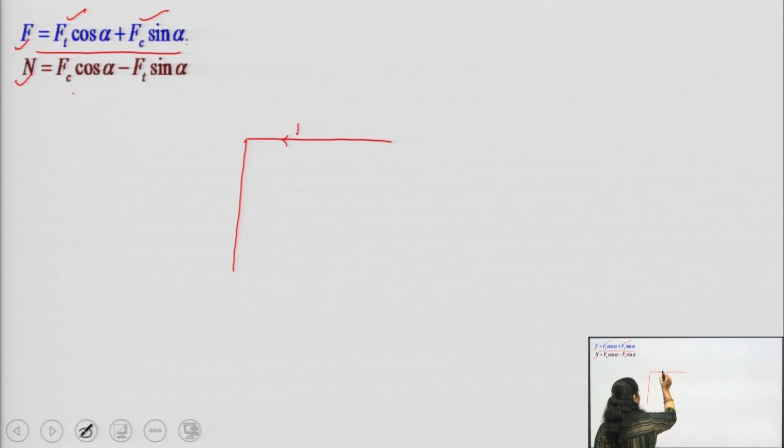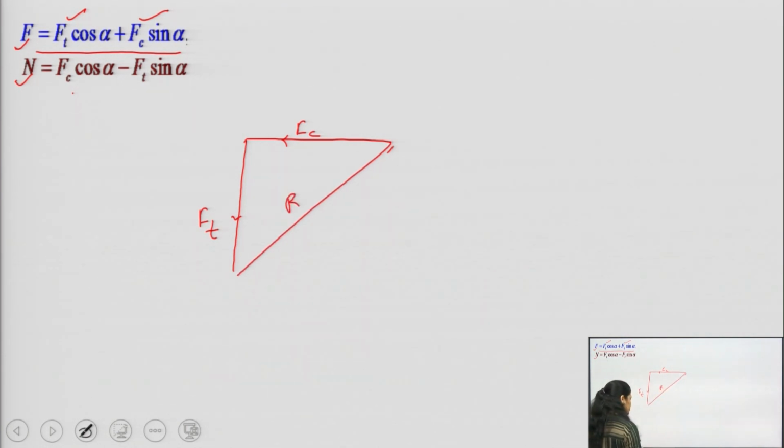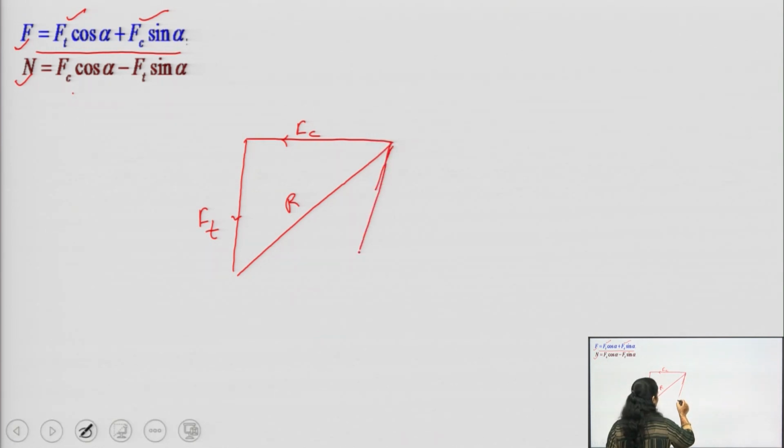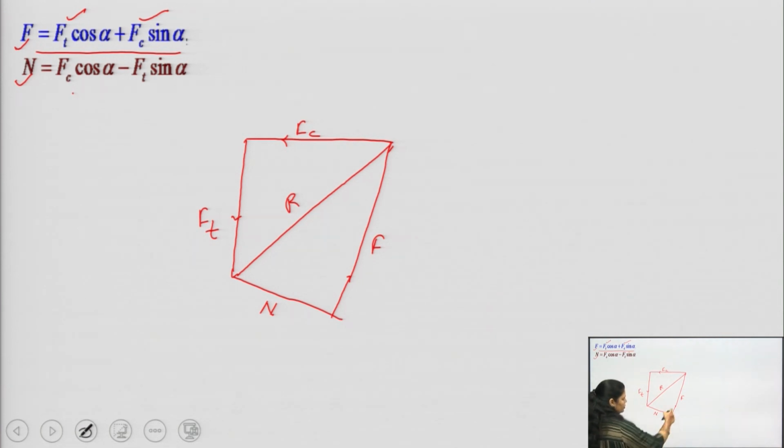This one is our Fc, this is our Ft, the cutting force and the force normal to the cutting force. This is our R, the resultant of these two forces. After that, this one is your F force and this is normal to the F force.